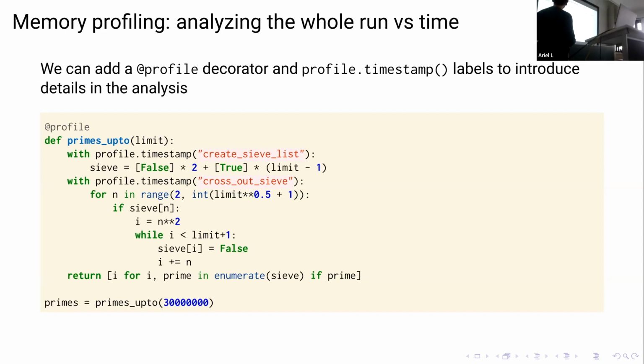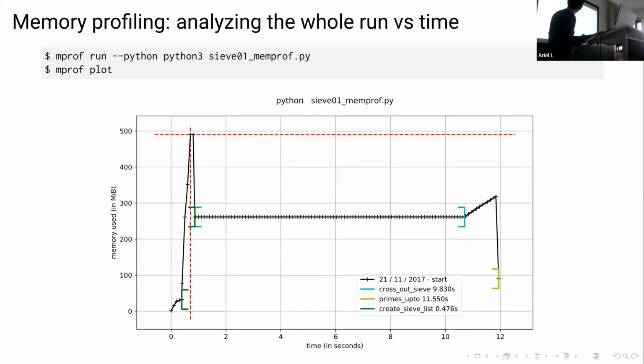So inside of this with profile.timestamp statement, we can group parts of the code, and I will get extra information on my plot. If I add this profile.timestamp create sieve, here I have just the statement creating the sieve list, and then we run the tool again.